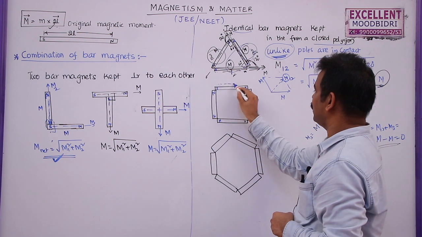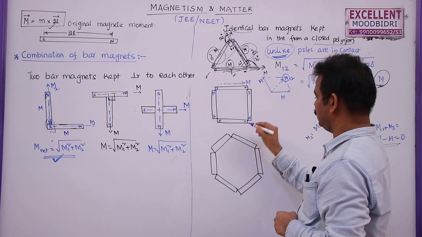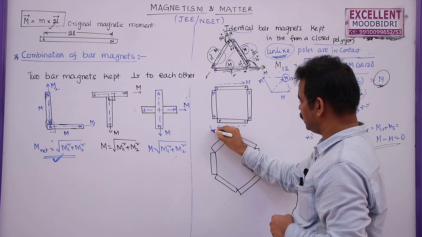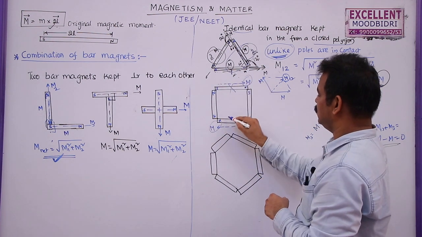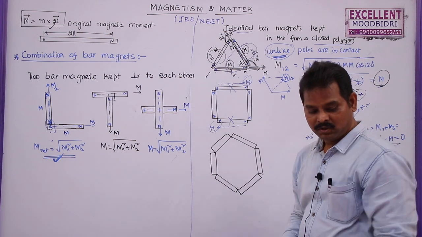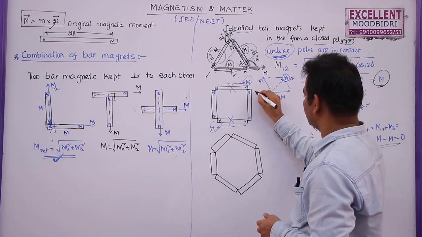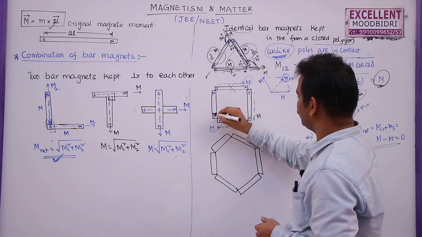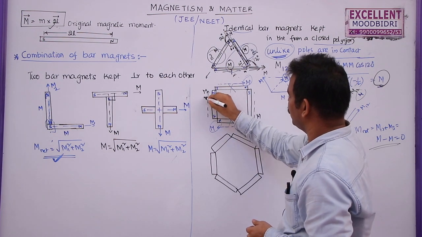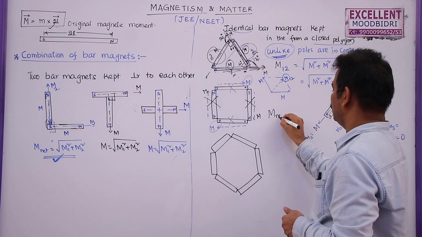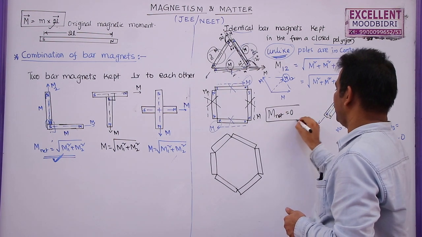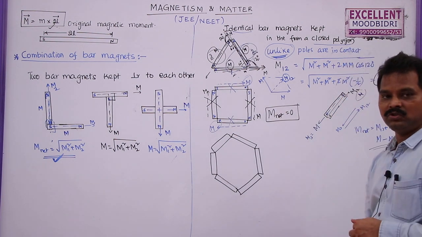Here the magnetic moment is from south to north, here the magnetic moment is from south to north, and both are equal and opposite. These two get cancelled with each other. Similarly, if you take this one, this is south to north pole M, this is south to north pole M. These two are also equal and opposite and cancel.